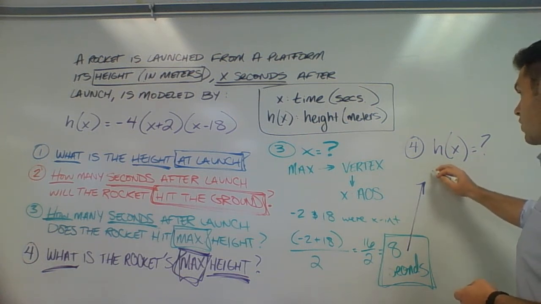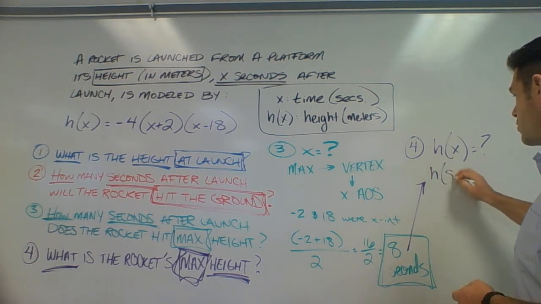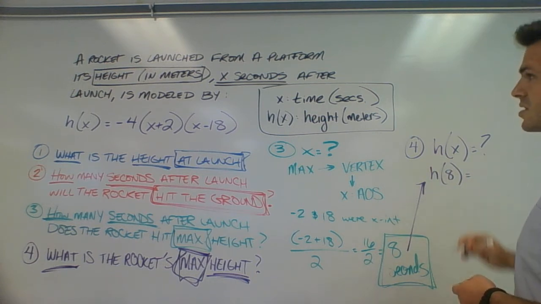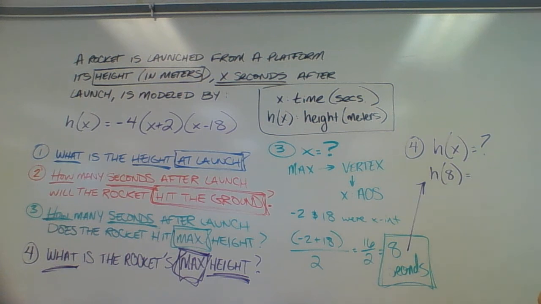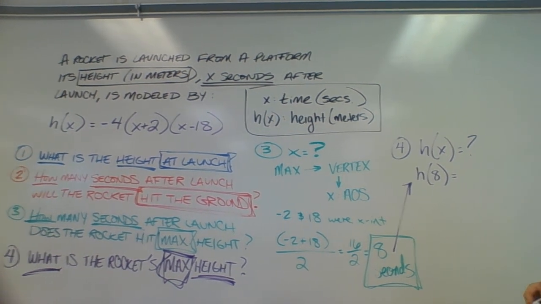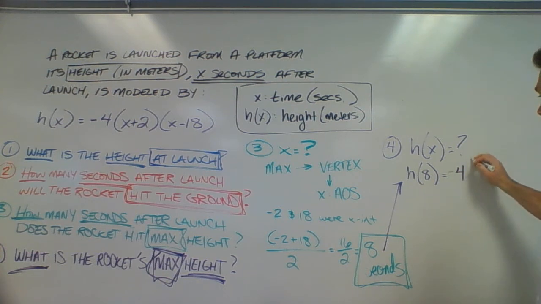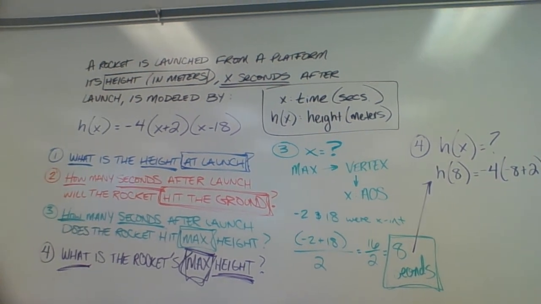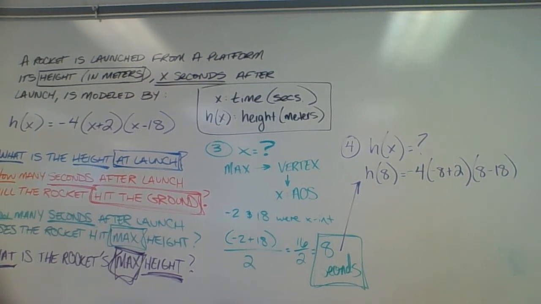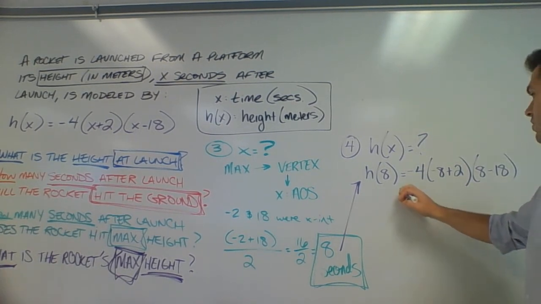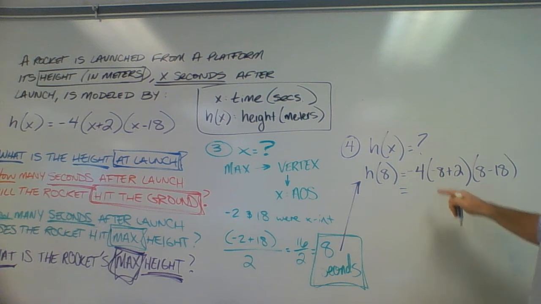We just have to calculate what that height actually would be. So wherever I see an x in the original function, I'm going to put it in. I'm slightly going off the picture here, and that's all right. But I'm going to plug in 8 for x everywhere.